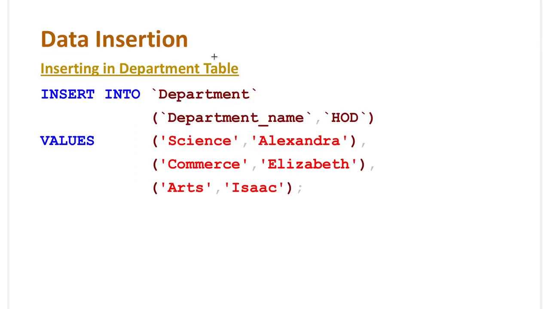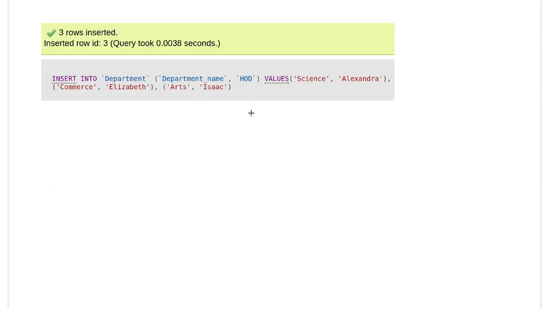Okay, so this is the query, the formatted query, and this is the first screenshot of successfully inserting the tuples in the table, and I have inserted all at once. You can do one by one or all at once.